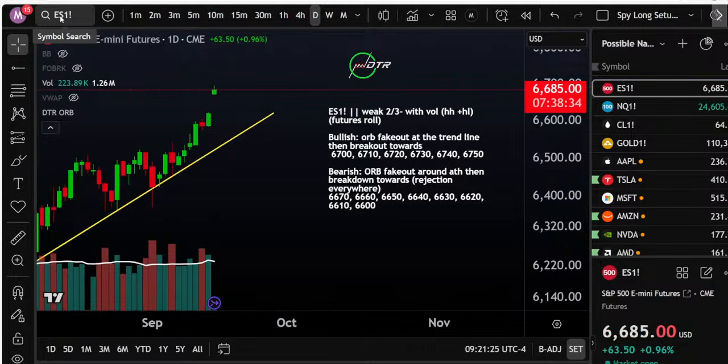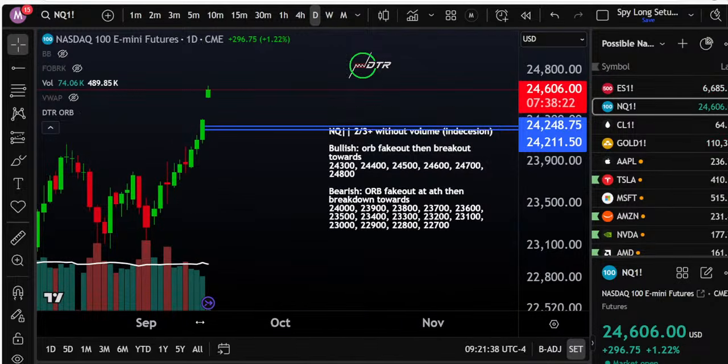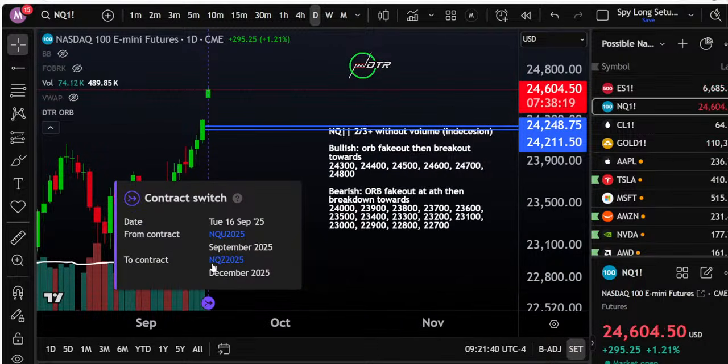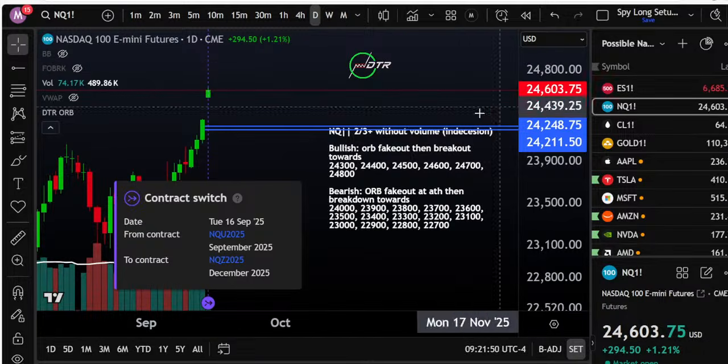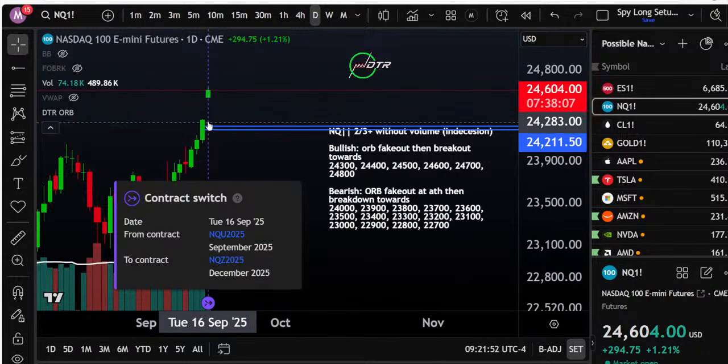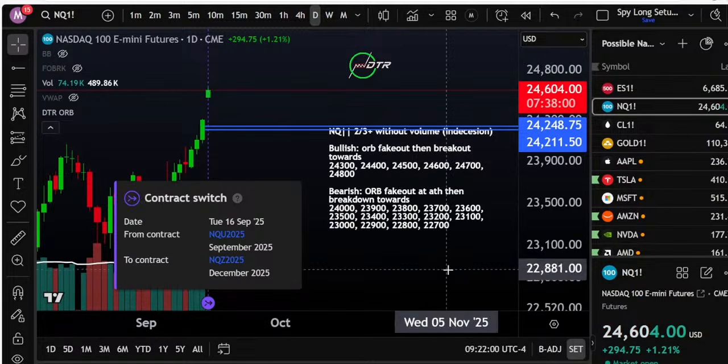If that is the case, you just have to type in ESZ or NQZ or CLV for the correct monthly code. If you go on TradingView and click here, it'll tell you as well. So we went from September to December. December is now what we're trading, which should be what's reflected on our screen, which is why this gap exists. But if it goes back to the September prices, we'll just trade that manually.